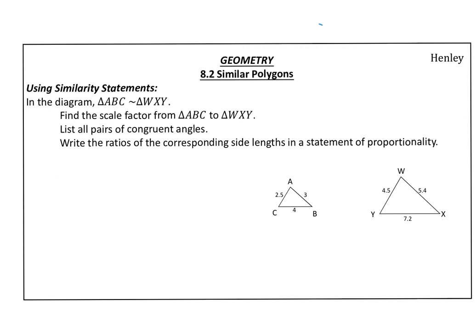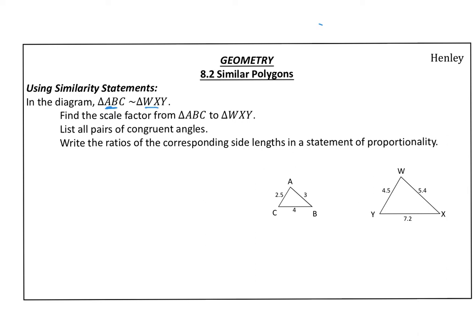So the very first thing we want to do is start at the bottom. So we have ABC and WXY. If you look at the similarity statement up here, you will notice that AB is listed first and WX is listed first. Those two correspond.